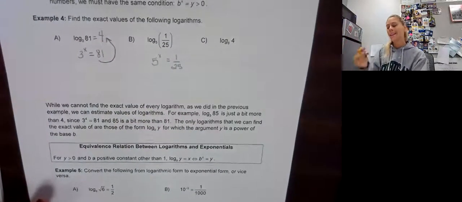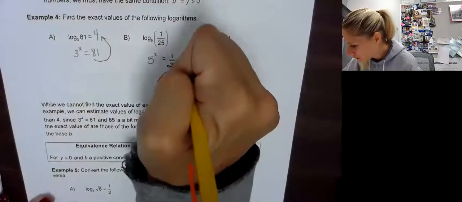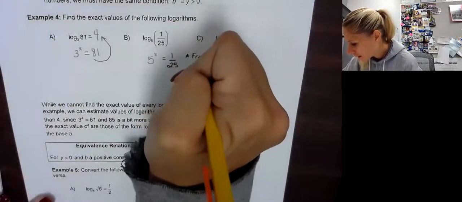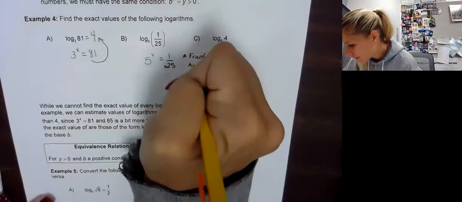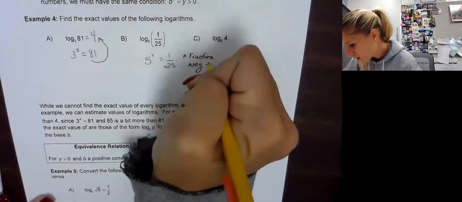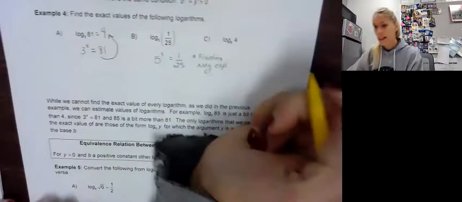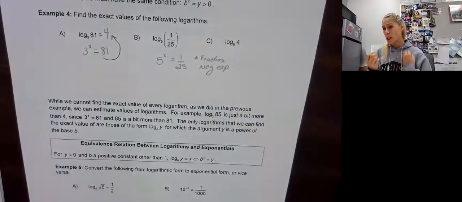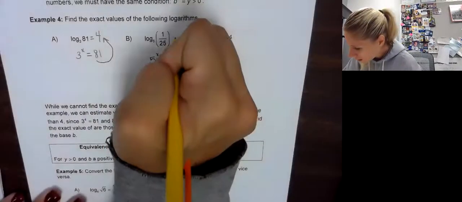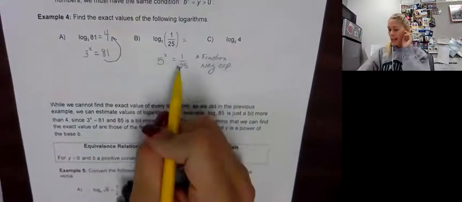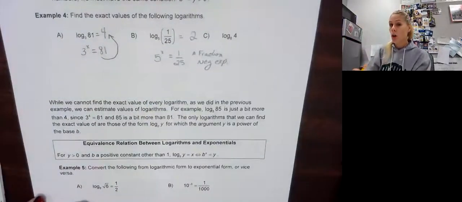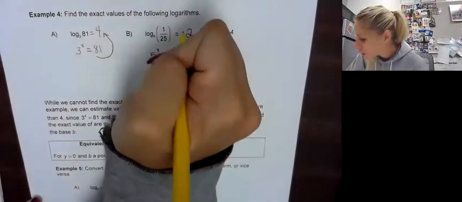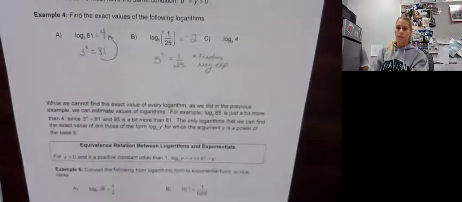What I want you to keep in mind is that since it's a fraction, it must be a negative exponent. Now how I interpret that is I ignore the fraction at first, and I say 5 to the what is that denominator? 5 to the second is that denominator. Now I have to go back and say, hey, it was a fraction, so it's a negative value.